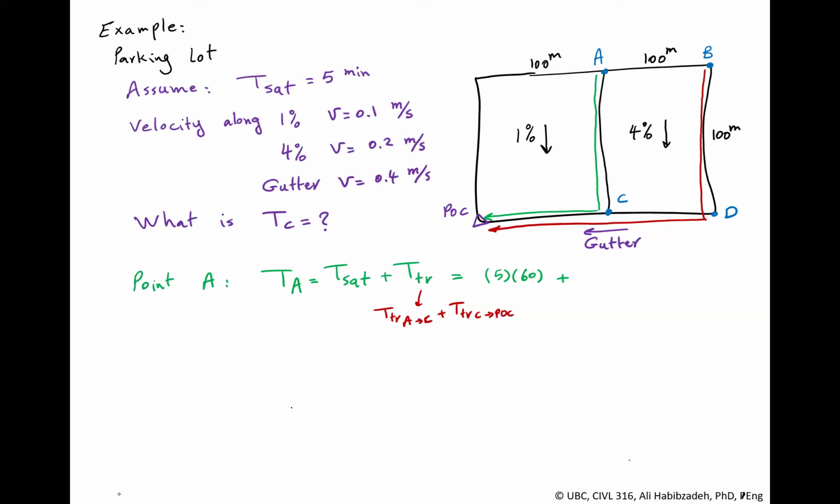Travel time will be travel time from A to C plus travel time from C to POC. So two parts. And then this will be equal to, we have to travel 100 meters at a velocity of 0.1 along the 1% slope, okay? Plus, we have to travel another 100 from C to POC at the gutter speed, which is 0.4.